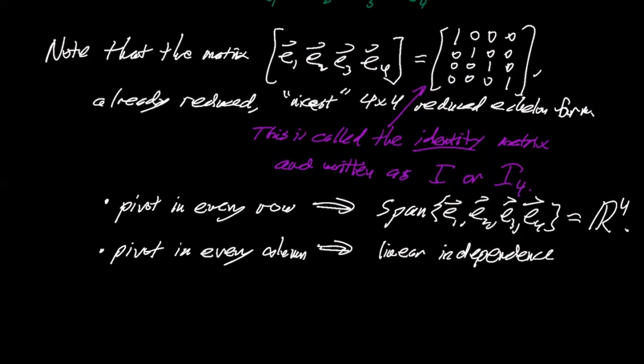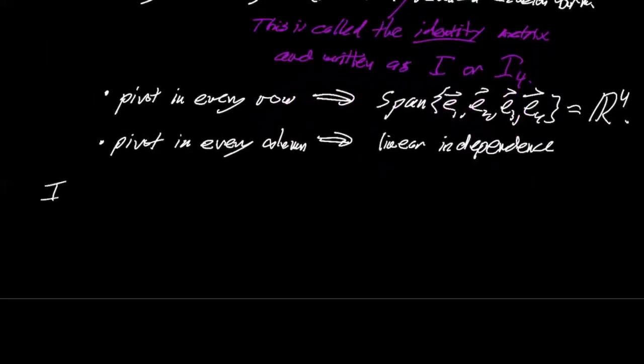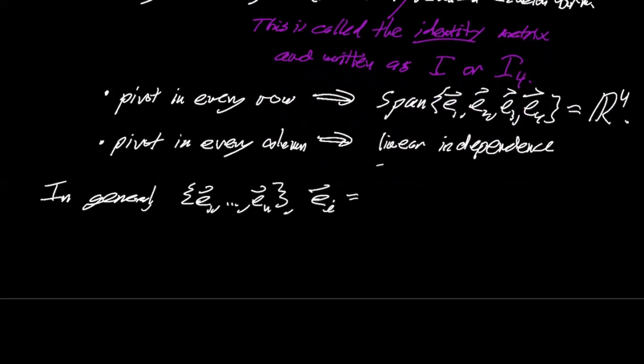Similarly, in general, in n dimensions we would have these n vectors, e1 through en, where ei is the vector with zeros and then a 1 in the ith position.